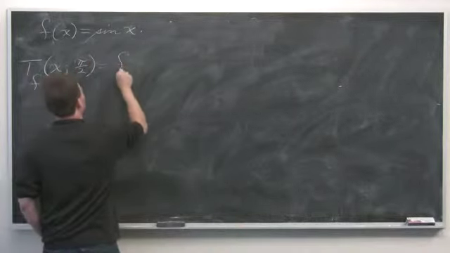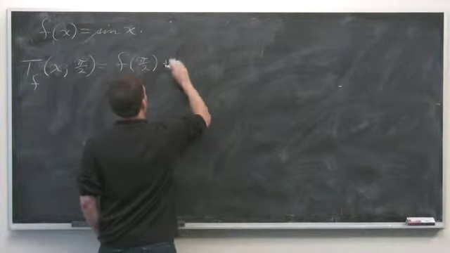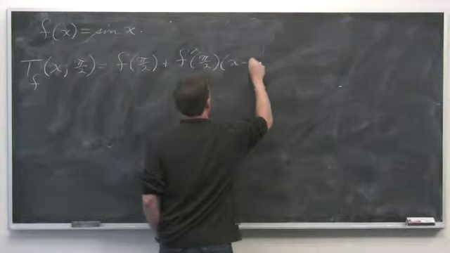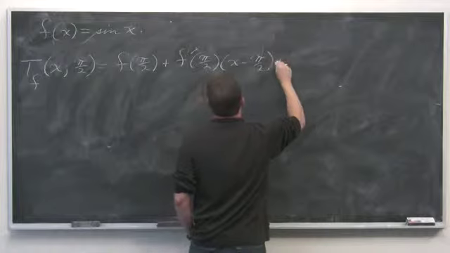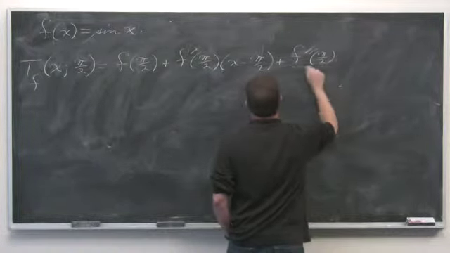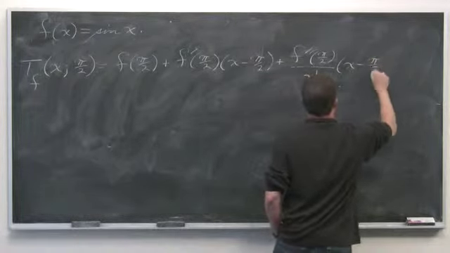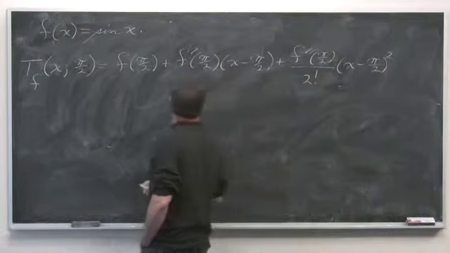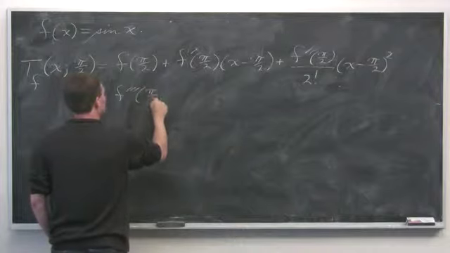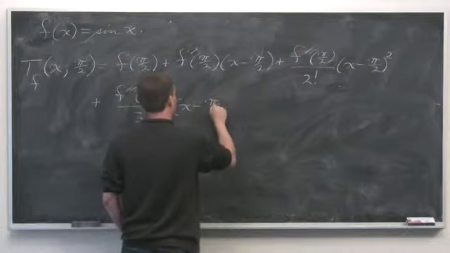So what you're supposed to do is take f at pi over 2 plus f prime at pi over 2 times x minus pi over 2, plus f double prime at pi over 2 over 2 factorial times x minus pi over 2 squared, plus f triple prime at pi over 2 over 3 factorial times x minus pi over 2 cubed.